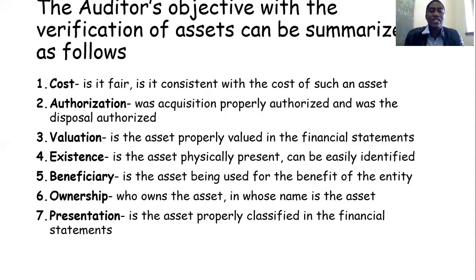Then we come to authorization for disposal. In terms of disposal, certain organizations have to come up with ways on how to dispose of the asset. Some of them just follow the depreciation method, right? After its useful life, maybe 4 or 5 years, the asset is now a zero-rated asset, right? So probably they've used the reducing balance method.